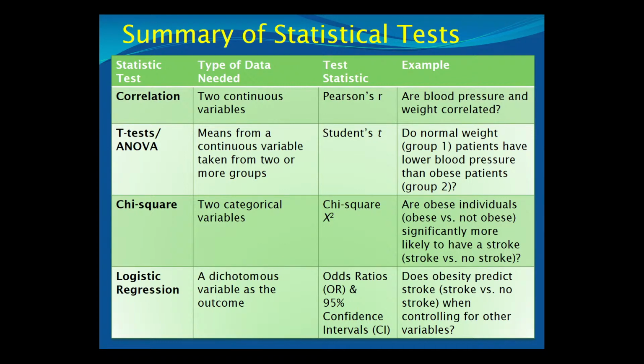If you need to answer the test, do normal weight patients from group 1 have lower blood pressure than obese patients from group 2, you need to apply Student's t-tests, and you need to calculate means from a continuous variable taken from 2 or more groups.